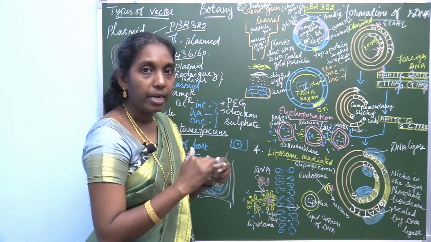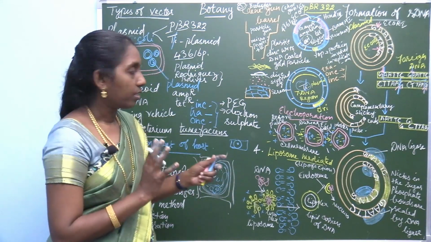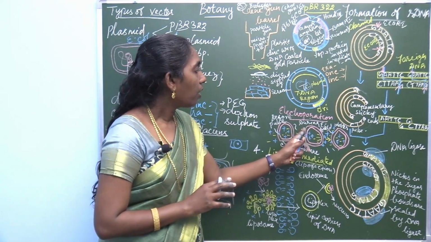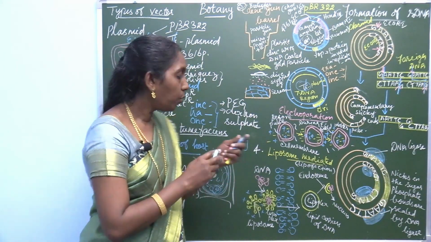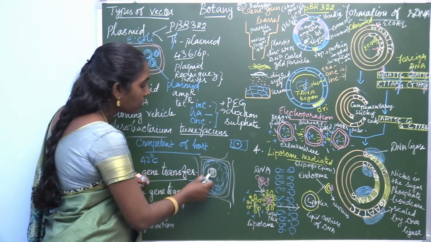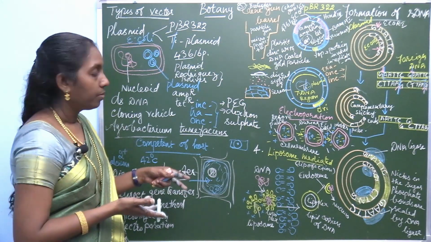The pore is made by a pulse of high voltage electricity, and through this temporary pore the gene can pass.